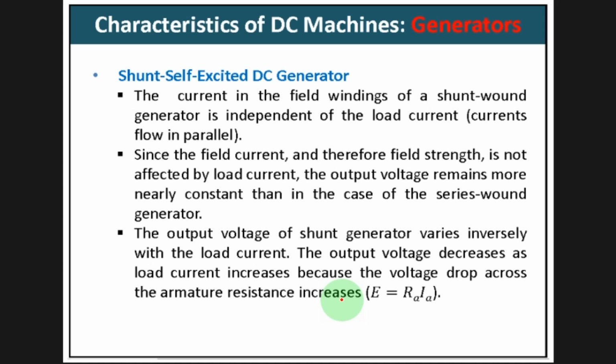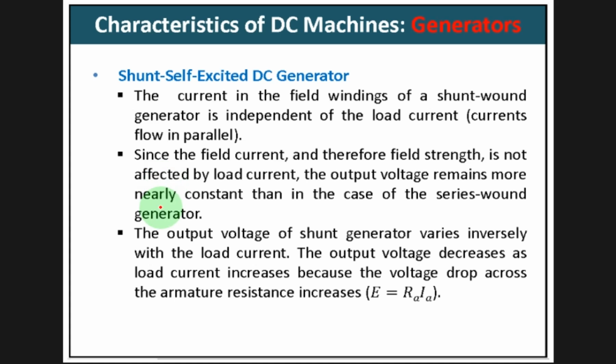So then you see the difference between the series self-excited DC generator and the shunt self-excited DC generator. In the series one, when the load is going up, voltage increases. In the shunt one, when the load is going up, generated voltage will go down.